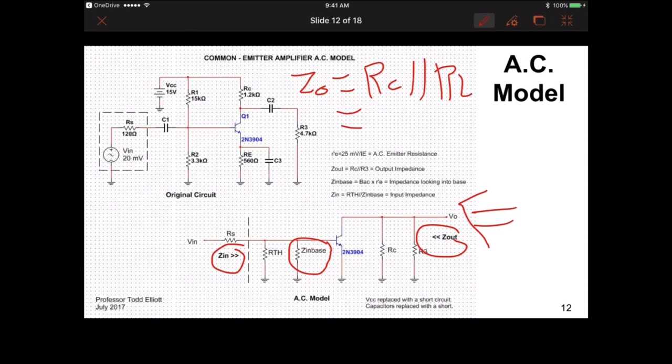We have 1.2K in parallel with 4.7K, and that gives us 955.93 ohms.